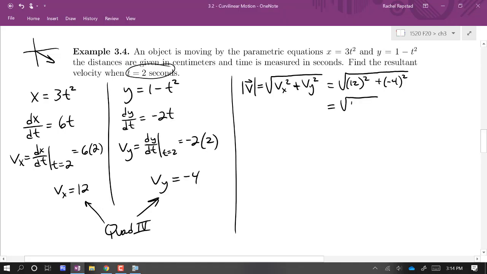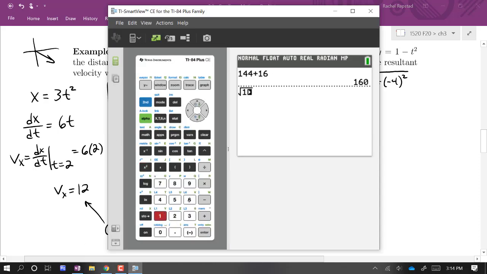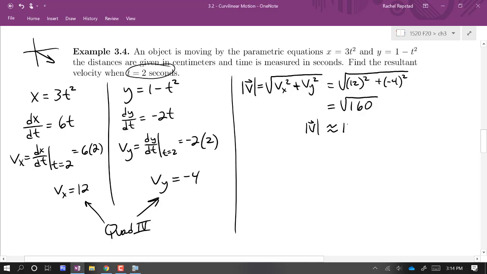So this is the square root of 160. And it's an applied problem, so I think it's appropriate to get an approximation. I get 12.65. So the magnitude is 12.65, and the magnitude is where the units are attached. The distances were in centimeters and the time is in seconds, so this magnitude is 12.65 centimeters per second.